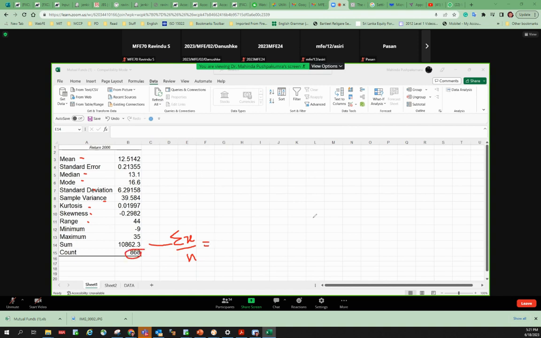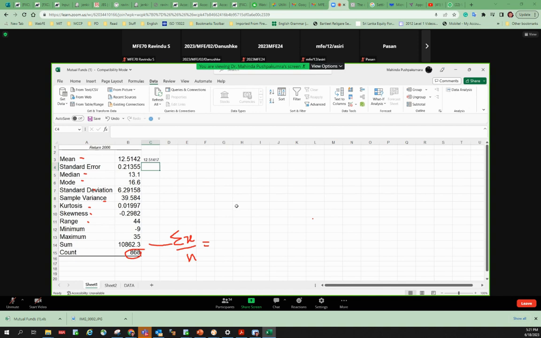Then you can see mean is equal to this divided by this. Okay. Then how to interpret these figures?